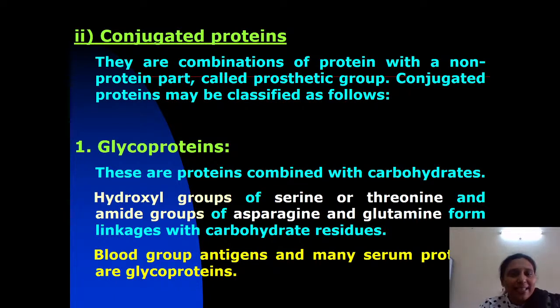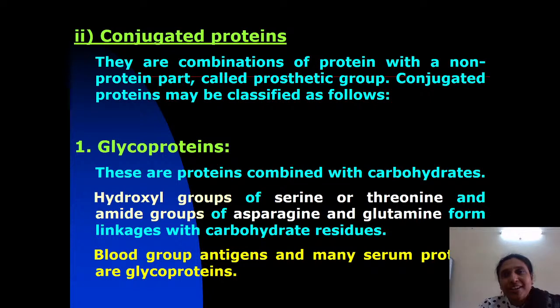Means the proteins present in the serum are mostly present in combination with carbohydrate as glycoproteins. And sometimes, if the carbohydrate content is more, the result is the formation of mucoprotein or proteoglycans.